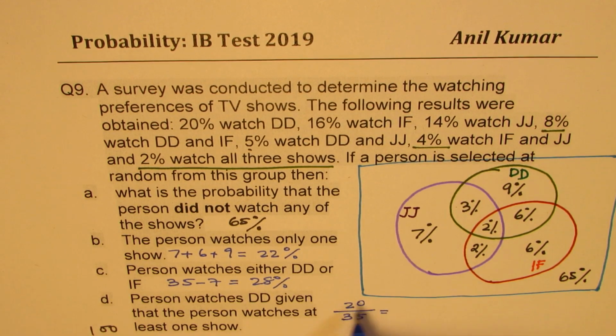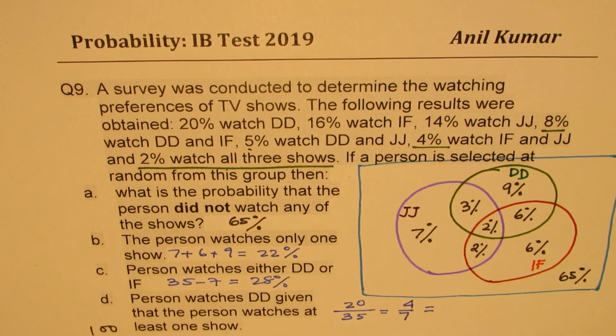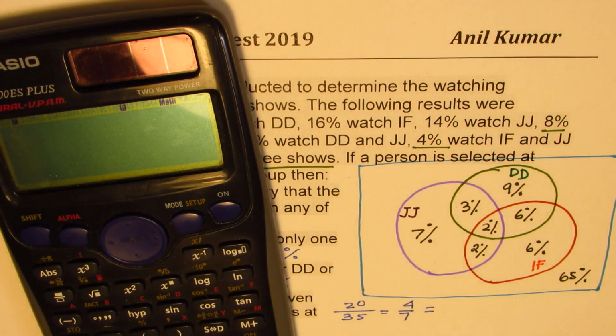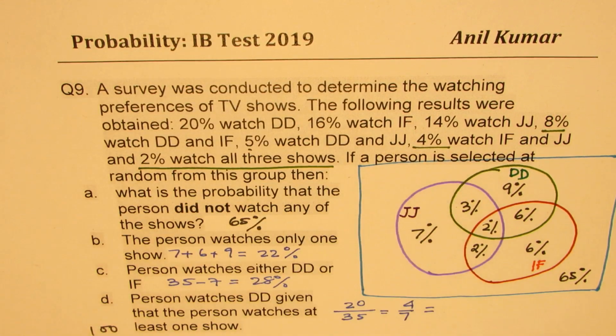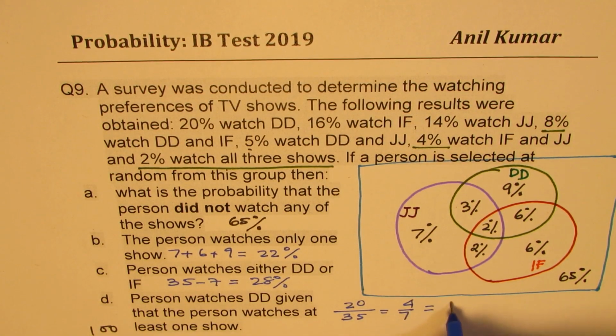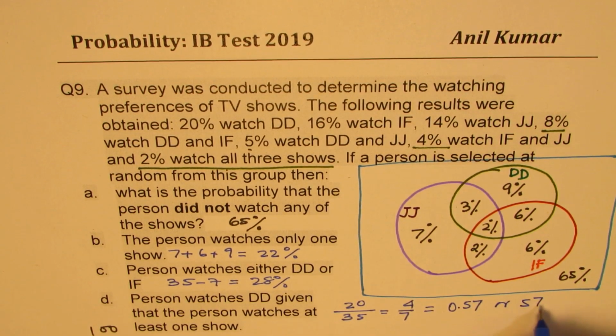So you could write this in fractions, dividing both by 5, we get 4 over 7 as your percent, or in decimals, we can use calculator or just divide. 4 divided by 7 equals, in decimals, 0.57 or 57%. Correct? So that is how we can answer this question.